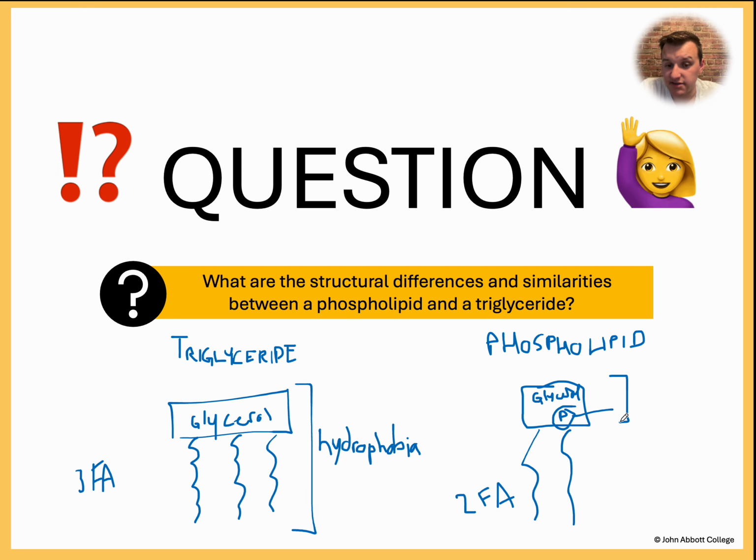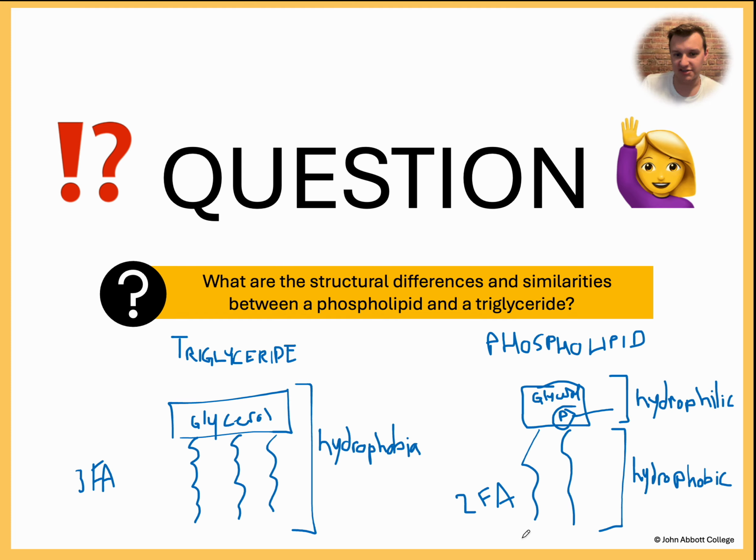And this part is hydrophilic. This loves water. Philic. And this part down here, the tails are phobic, hydrophobic. They don't like water. Hydrophobia. So altogether, this is called amphipathic. Half of it likes water, half of it doesn't like water. So that's the general structural difference.